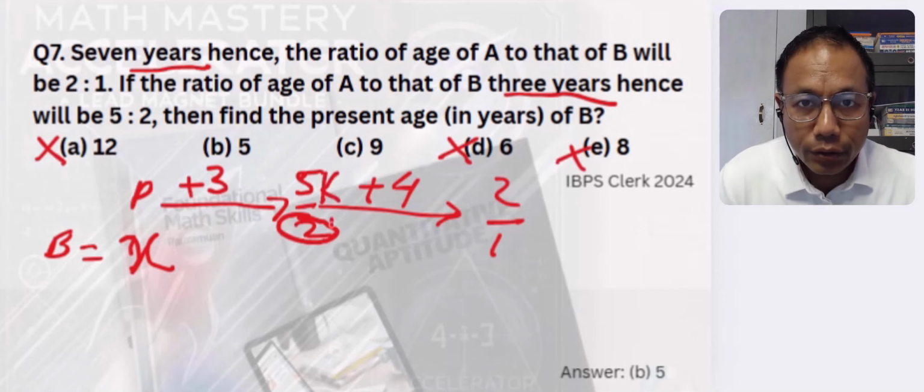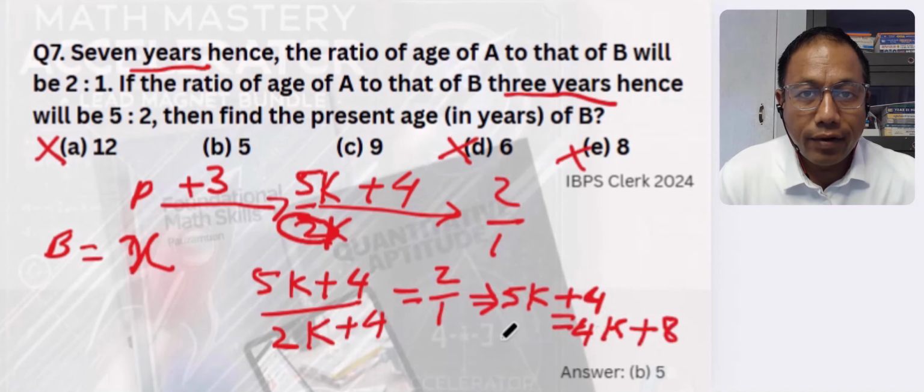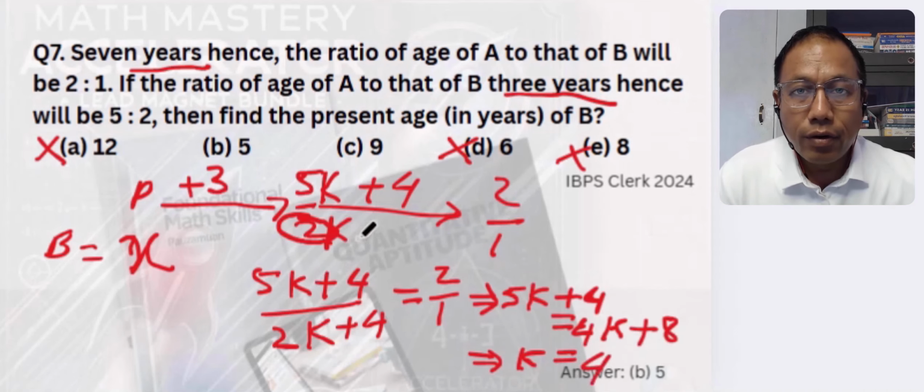Let's find the k value. 5k plus 4 is equal to, cross multiply, 2 times 4k plus 4, 2 fours are 8. Transfer it. 5k minus 4k is k, equal to 8 minus 4, which is 4. k is equal to 4. Put the value here: 2 fours are 8.